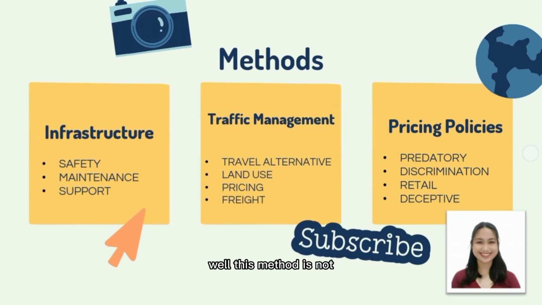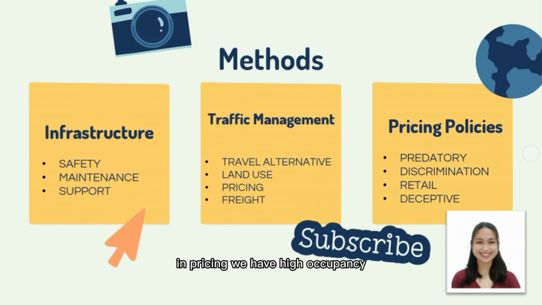Well, I cannot say that this method is not properly used, but we're still trying this method. I think in the Philippines we have terrible traffic, and these are some issues that the public still faces but is not properly addressed. In land use, it includes parking strategies, transit stops, and pedestrian or bicycle connections.